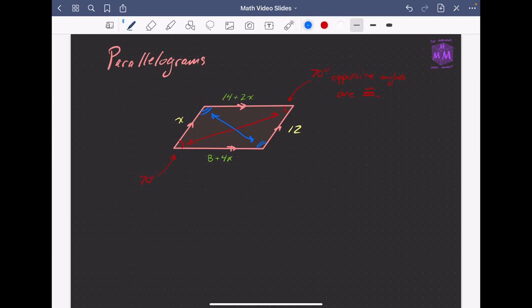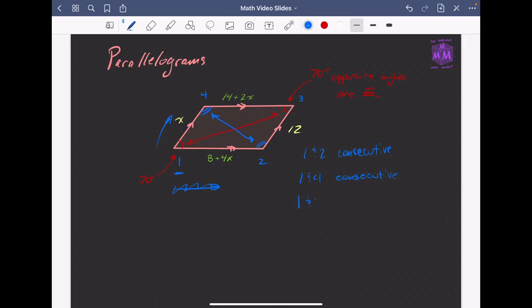There's another phenomenon with parallelograms: consecutive angles. As I count around, I'm going to number these angles 1, 2, 3, and 4. If I started at 1 and moved to the right, the consecutive angle would be 2. So 1 and 2 are consecutive. If I went from 1 and moved to the left, I could say 1 and 4 are consecutive.